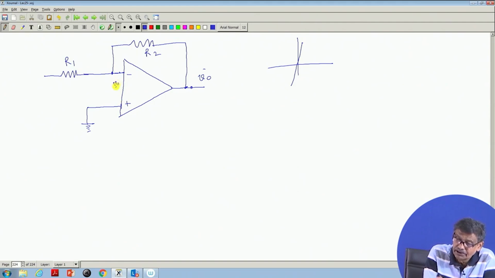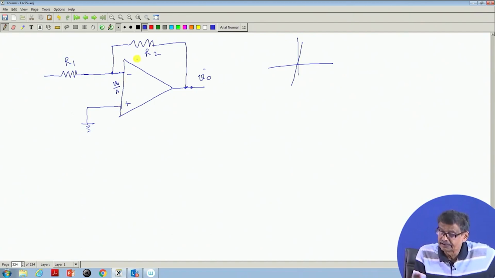This voltage will be V naught by A, that is what will exist, because it is a differential amplifier. So, between these two points, whatever is the voltage, that gets amplified. So, this op-amp will now operate in the linear zone with very high gain. So, if you get some finite output voltage, the input voltage required between these two points will be V naught by A, and A is very large. So, a little voltage here will cause a finite output voltage to appear in this circuit.